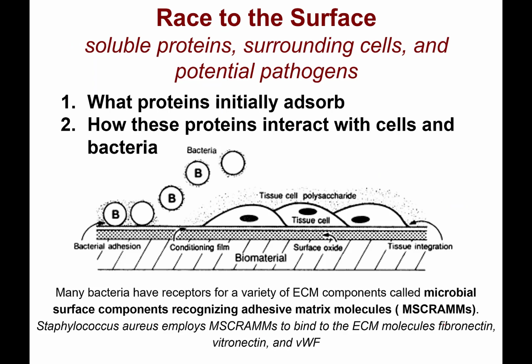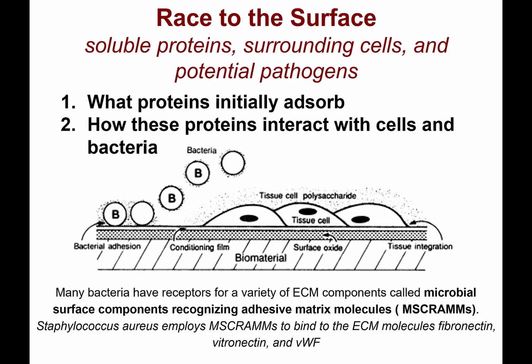As we think about the steps that are involved in infection and getting to biofilm formation, you can think of it kind of as a race to the surface. There are soluble proteins. Protein adsorption still matters, just like it did in our previous course material when we talked about protein adsorption and how that drives the response of our cells.